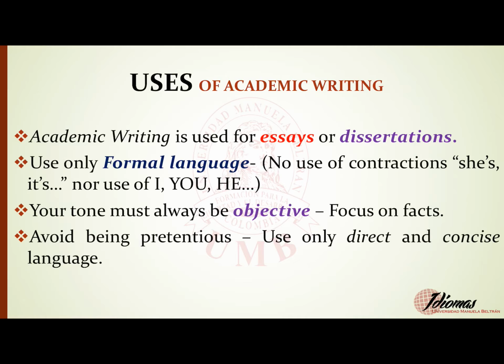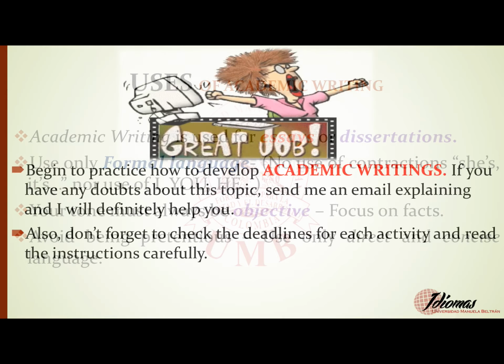For example, instead of using I think that, you think that, it's best to say the researcher thinks that, or the reader thinks that. This way, your tone remains objective. Always remember, guys, to be direct and concise as possible.